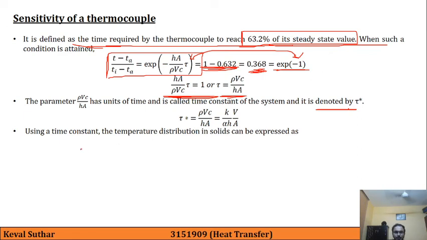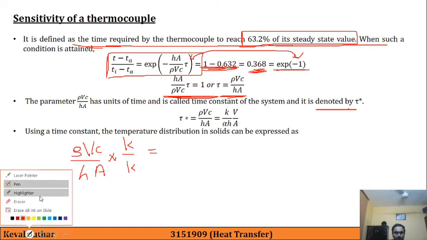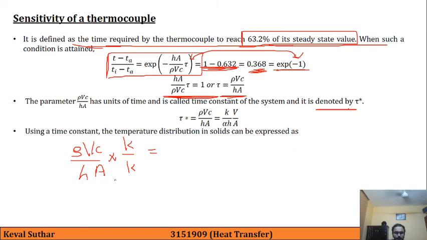So let me do it over here. Let us say we have rho V C upon h A, and we multiply and divide this with K. So what will happen? This K, rho C K by rho C will provide us 1 upon alpha.